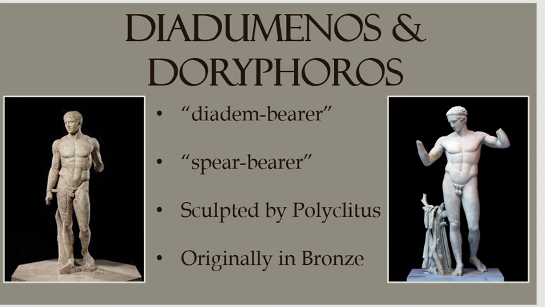Again, they were originally in bronze, but they were recreated in marble. They're both representations of young male athletes, in convincingly naturalistic poses. They're both standing in counterpose with their weight on their right foot and their left knee slightly bent, and their expressions are really self-contained, almost as if lost in thought.